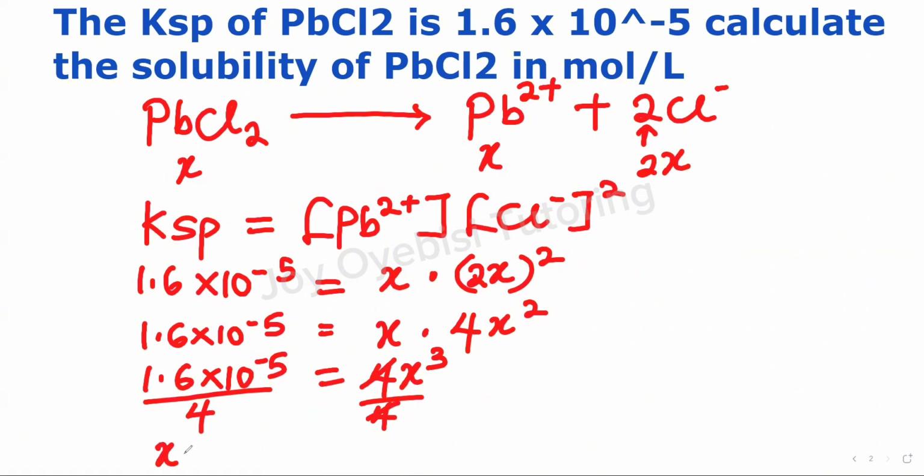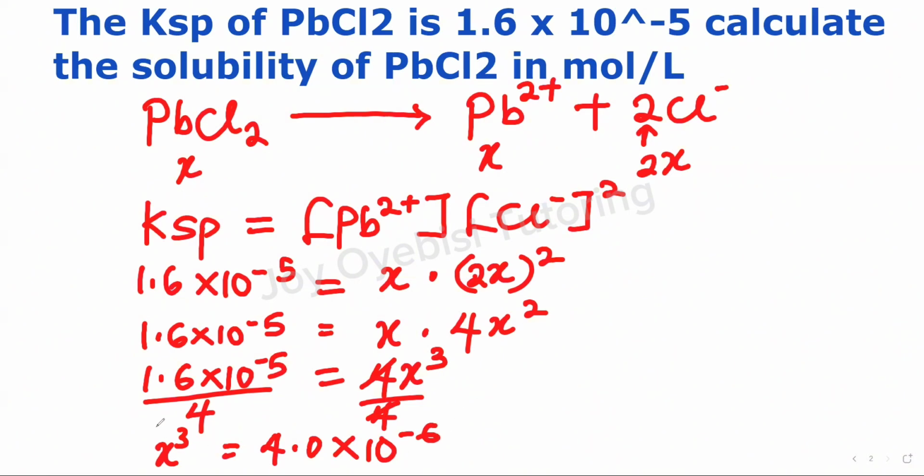And then we have x cubed equals 1.6 times 10 raised to the power of -5 divided by 4. That gives me 4 times 10 raised to the power of -6.